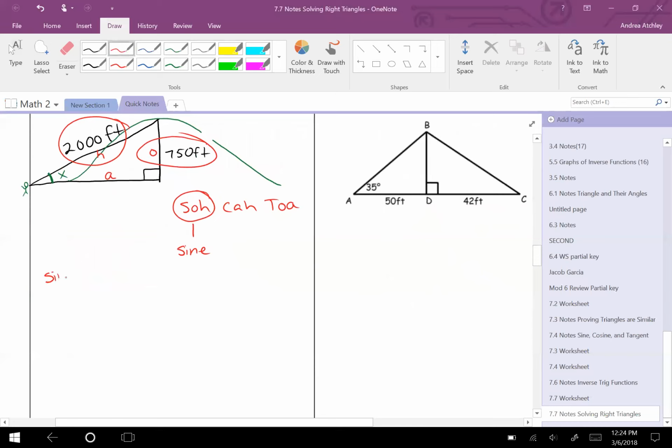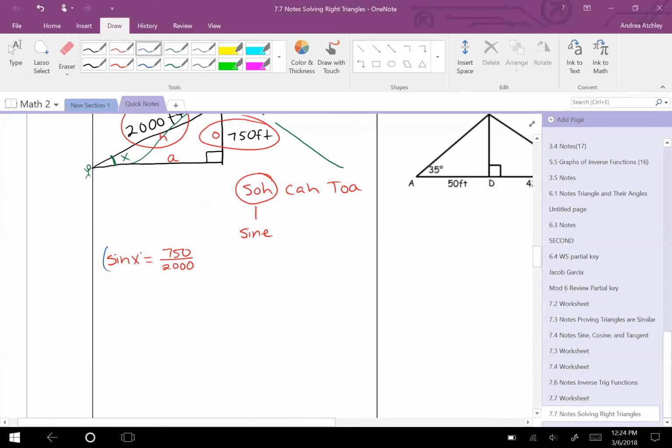So I'm going to have the sine of X equals the opposite of 750 over the hypotenuse of 2,000. So I'm going to have the inverse sine on both sides. This will cancel out and I get left with X. And I'll have the inverse sine of 750 over 2,000. Let's plug that into our calculators.